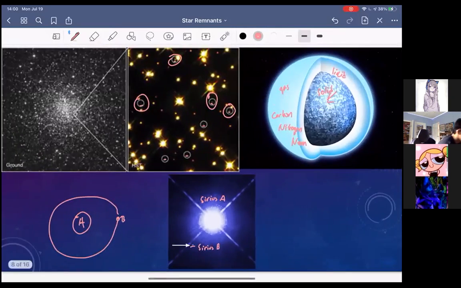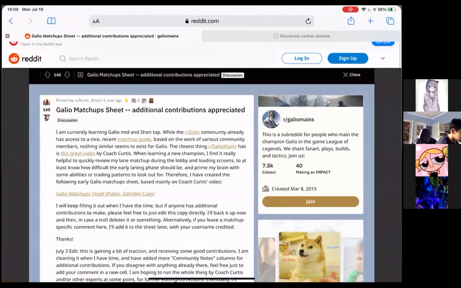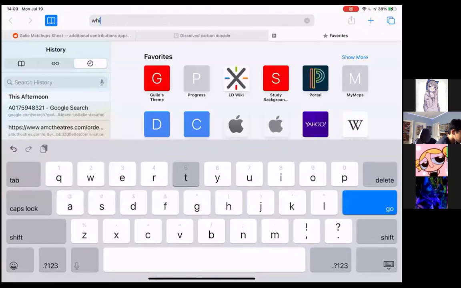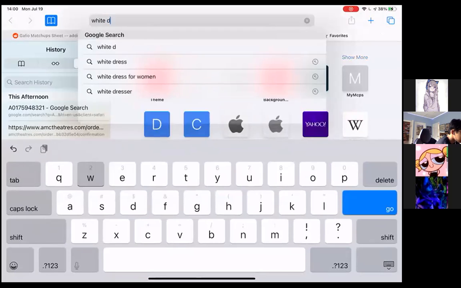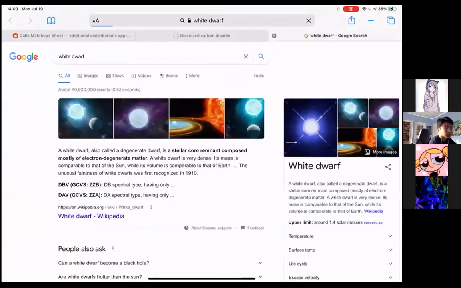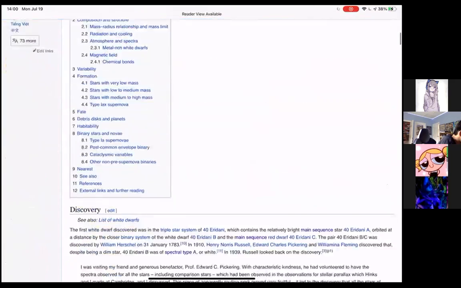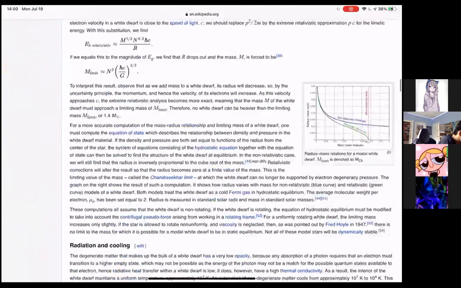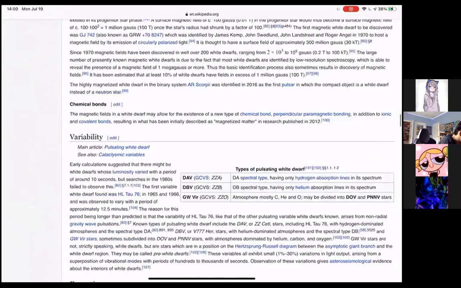Before we move on, I wanted to go to the white dwarf Wikipedia page because I thought that was a pretty cool image.